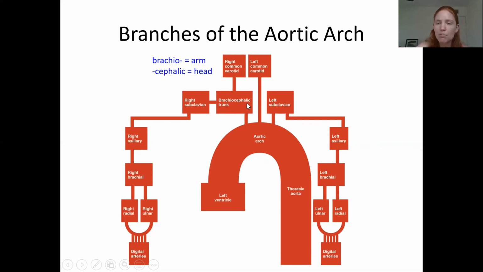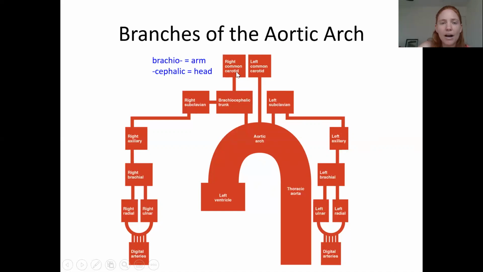And then a second branch will go up. Cephalic means head. Okay, so one goes to the arm, the other goes to the head. That's where the name brachiocephalic trunk, or brachiocephalic artery, comes from.